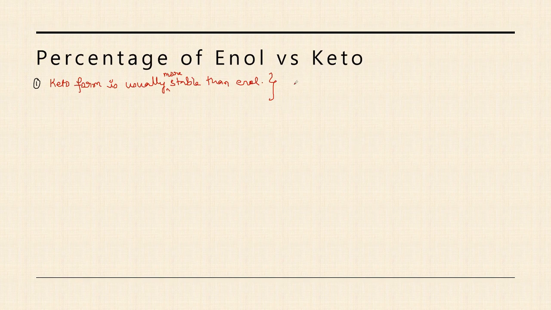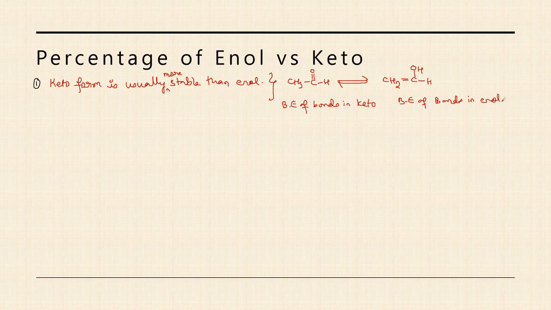Okay, so for example, you take this compound, इसका enolic form इस तरह का कुछ आएगा, CH2 double bond C OH. Now if I take the bond energy of bonds which are present in keto, and bond energies of bonds in enol, I'm only taking the bond energy of a bond.